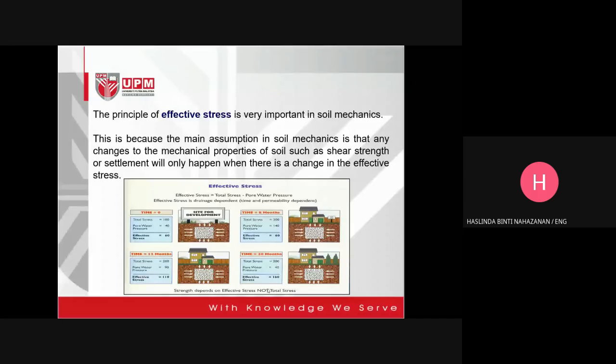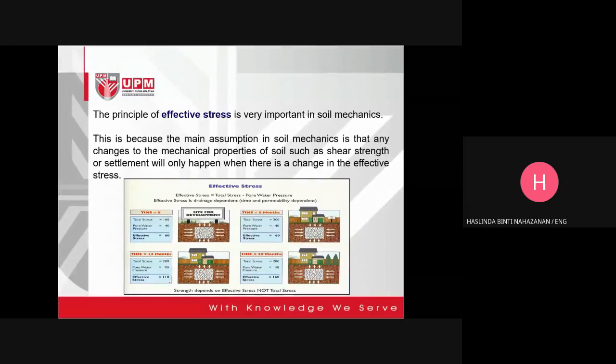The principle of effective stress is very important in soil mechanics. As you can see here, at time 0, for instance, effective stress is 60. After 8 months, after you have the building, the pore water pressure also increases, and you still have the same effective stress.